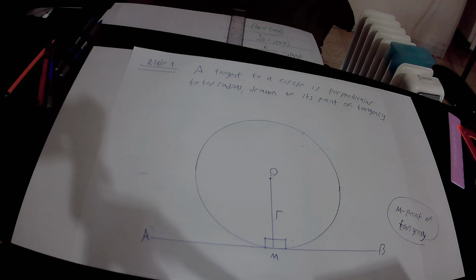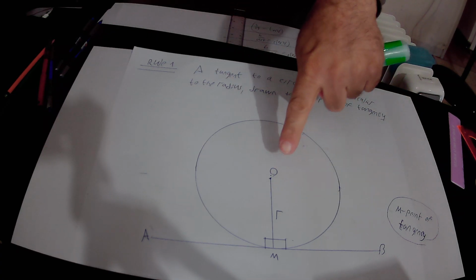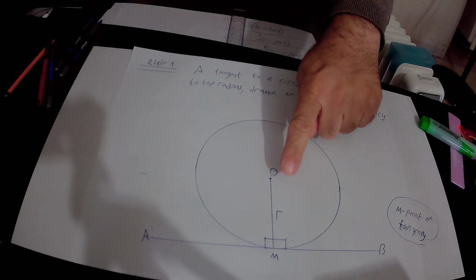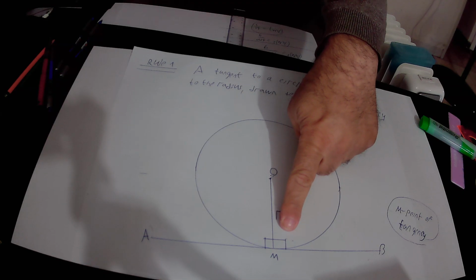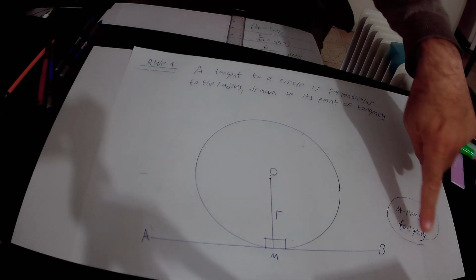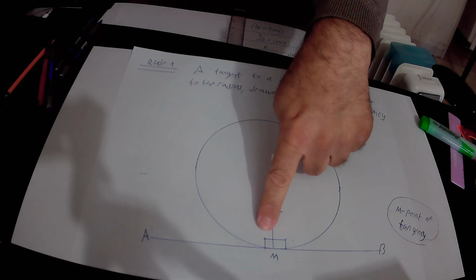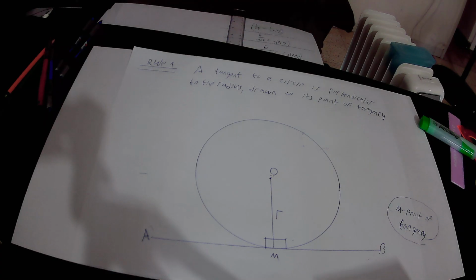So, according to rule number 1, the tangent AB is perpendicular to the radius OM that is drawn to the point of tangency. Here, the radius OM is drawn to point M, that is the point of tangency. Therefore, tangent AB will be perpendicular to OM. That is to say, this angle will be equal to 90 degrees, and this angle will also be equal to 90 degrees according to rule number 1.